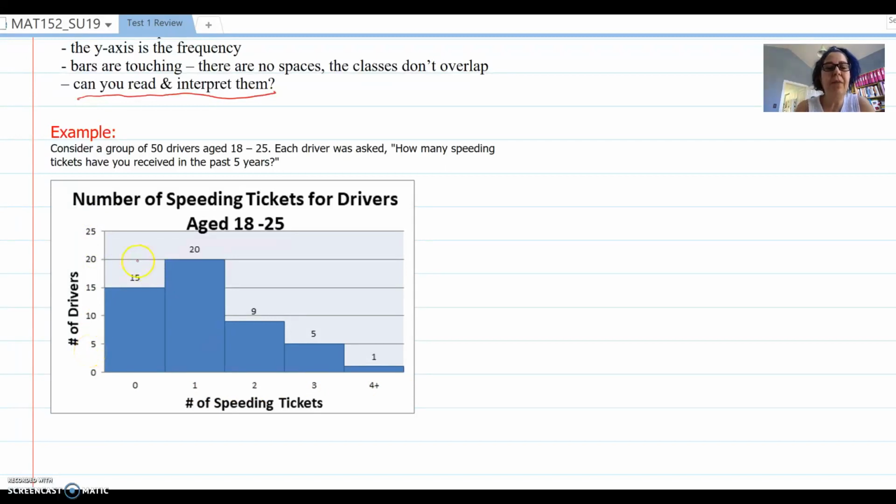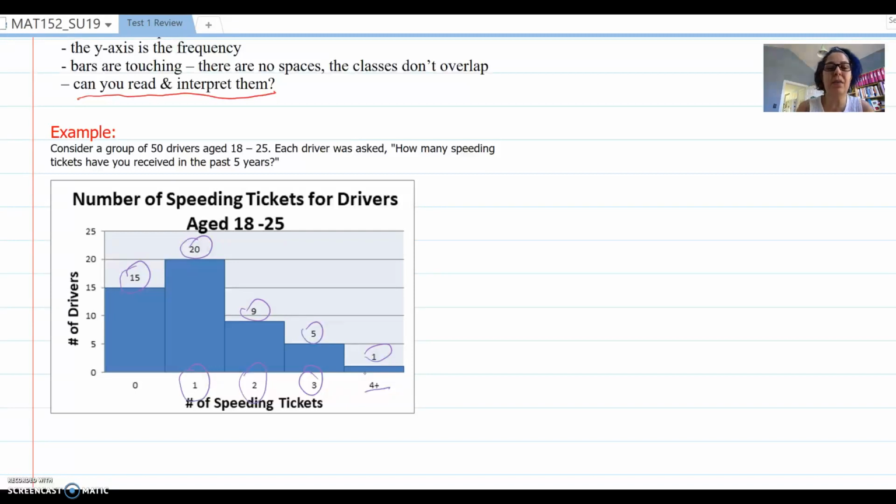So I have 15 people, for instance, here, who received no tickets. I have 20 people who received 1 ticket. I have 9 people who received 2 tickets. I have 3 people who received 5, and I have 1 person who received more than 4 tickets. So that's a way of reading it.